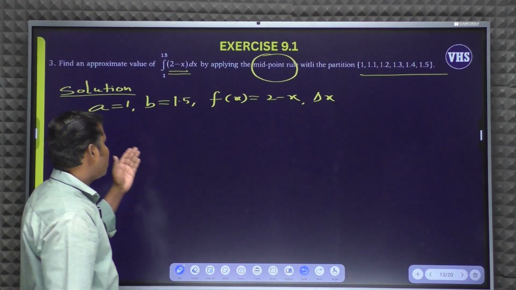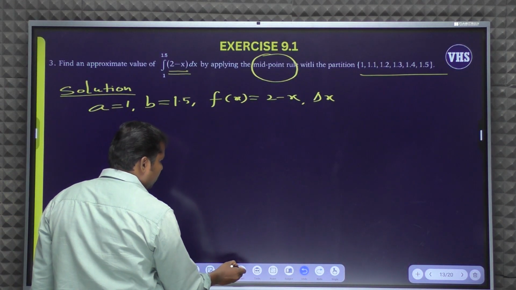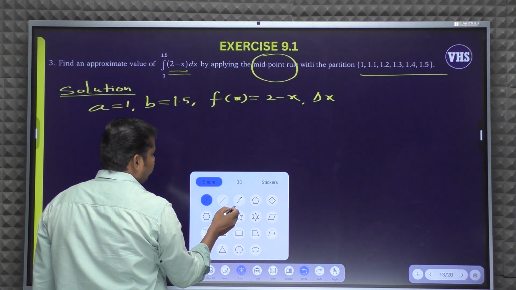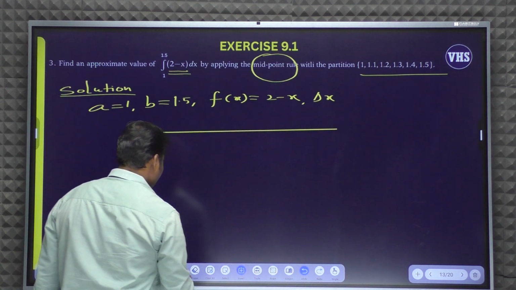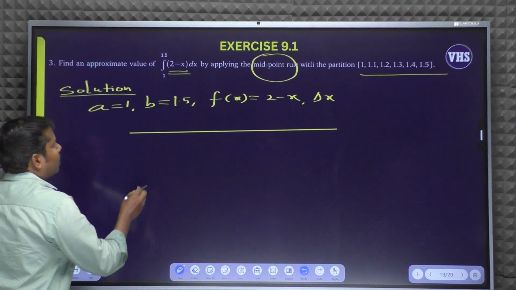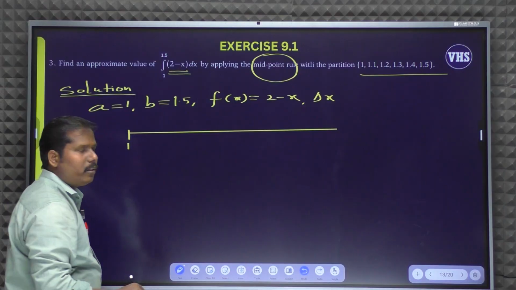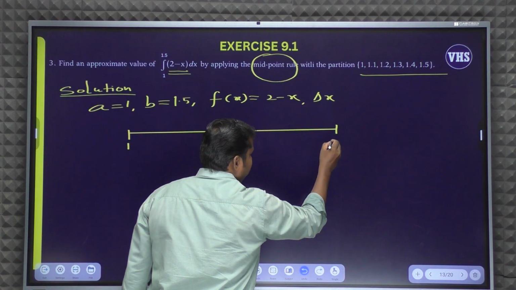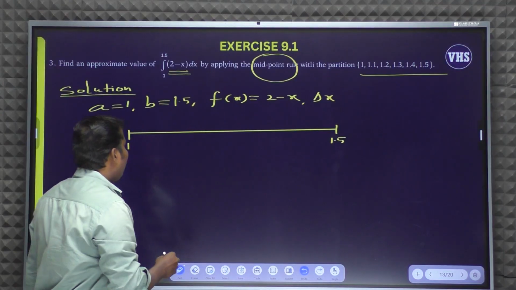For that, let us draw the piece of real line as we did in the previous problem. So like this. So partition start with element 1, starting with 1, ending with 1.5. So just mark out the entries of the partition.